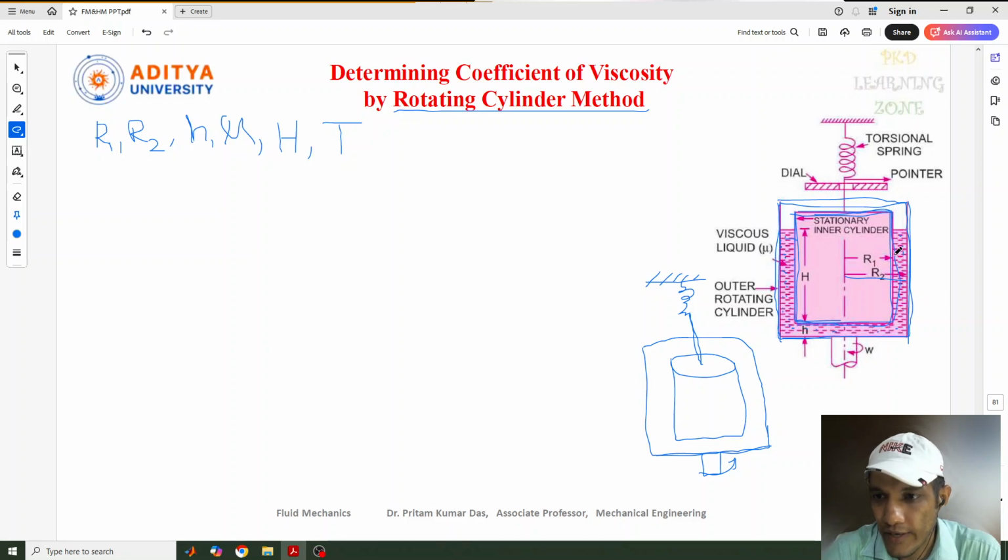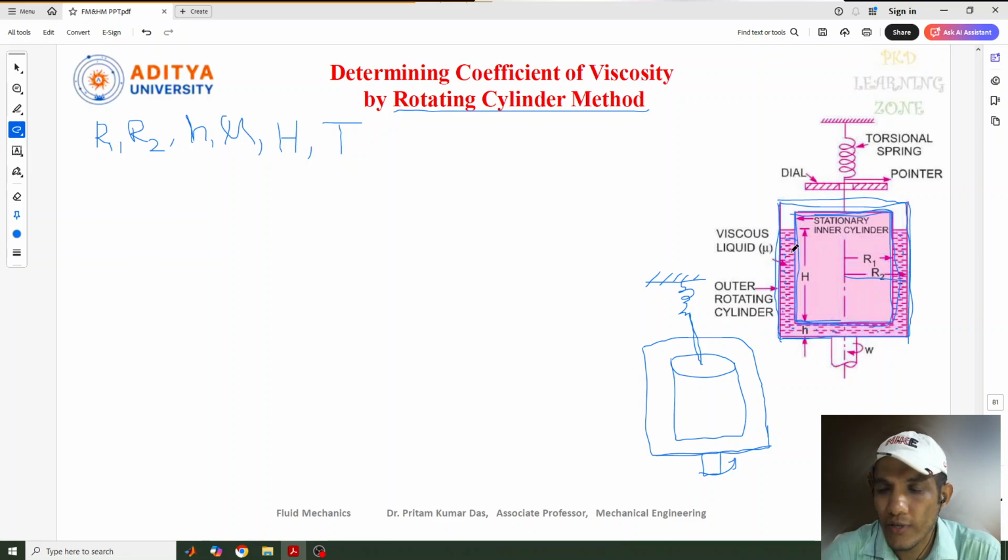When this liquid is rotated, we know that viscosity is nothing but the resistance to flow, the resistance a fluid shows when it is flowing. That is viscosity actually.